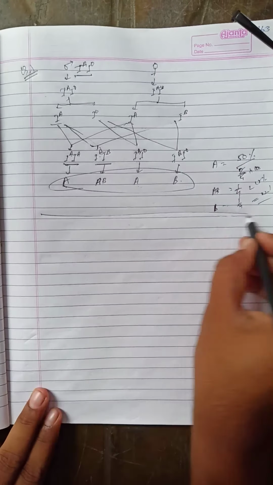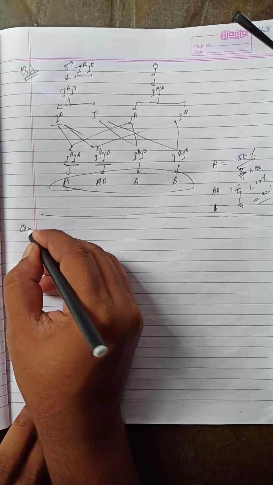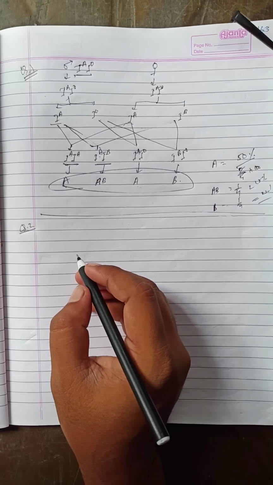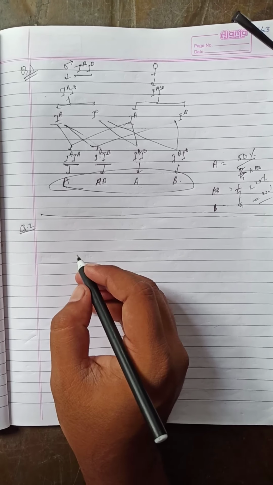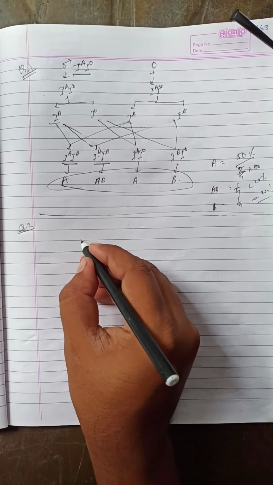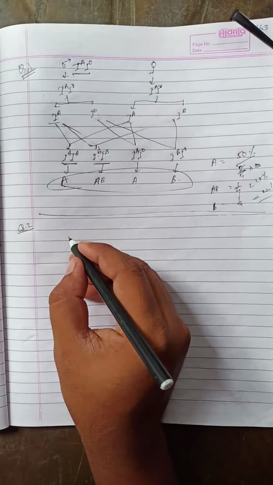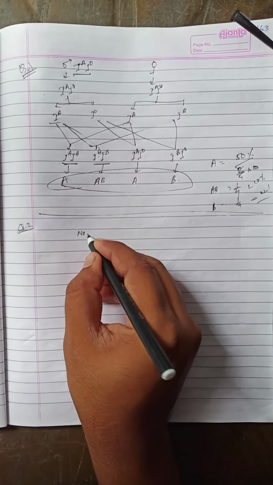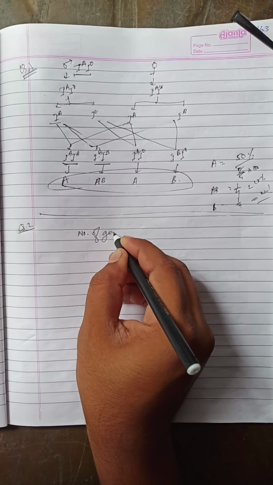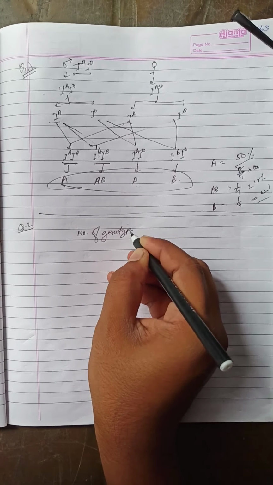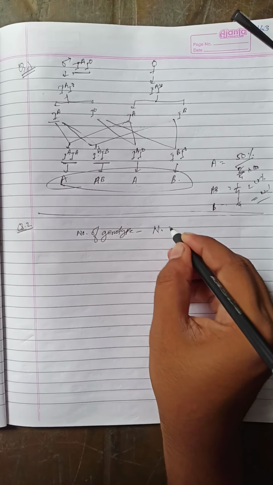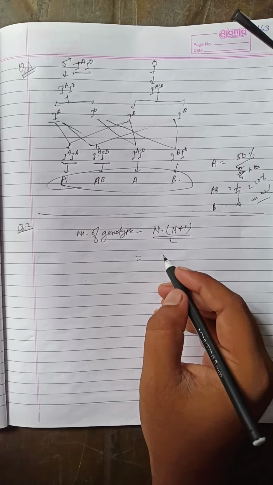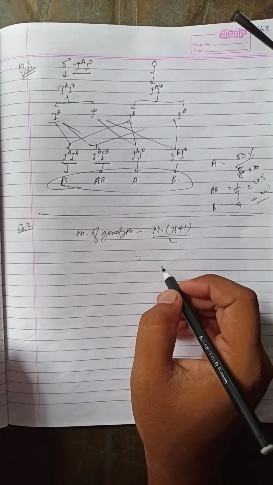And what about question number 2? In question number 2, we have to write the formula first. The formula for the number of genotypes is n into n plus 1, divided by 2, where n is the number of alleles, multiple alleles.